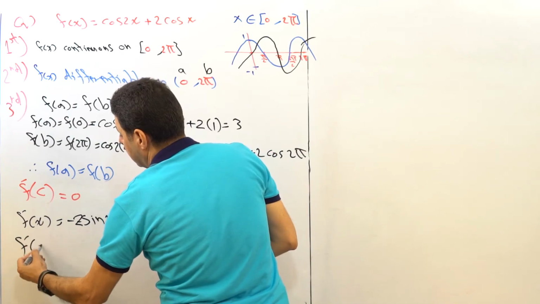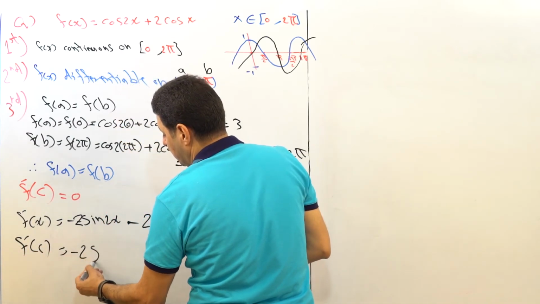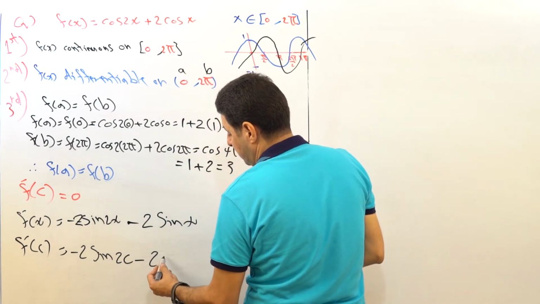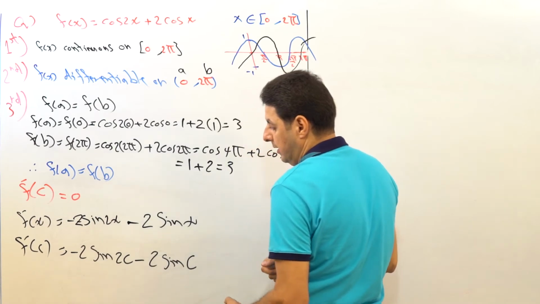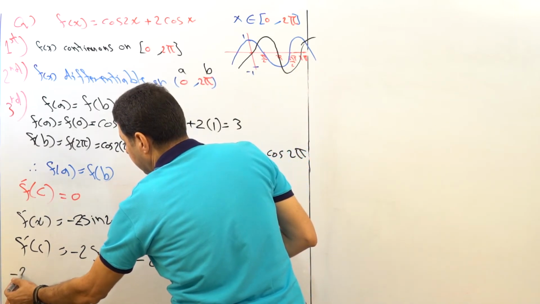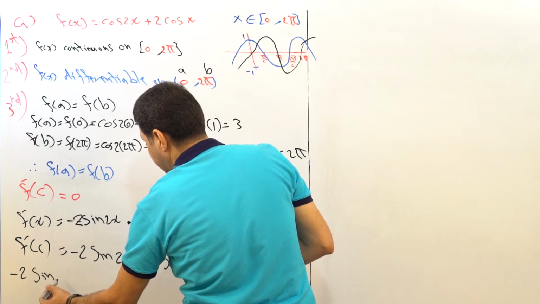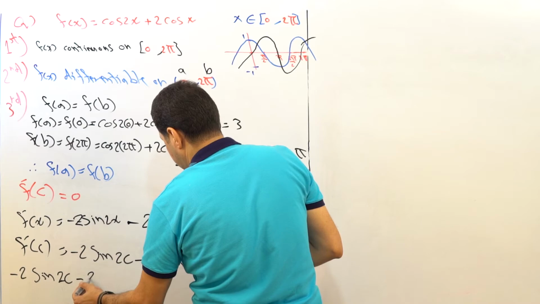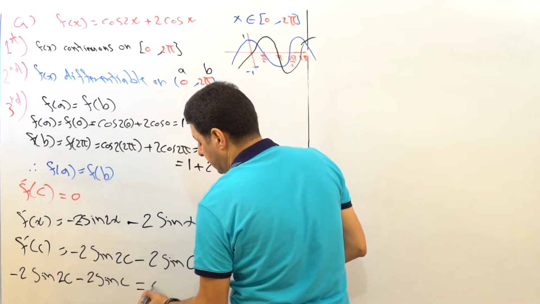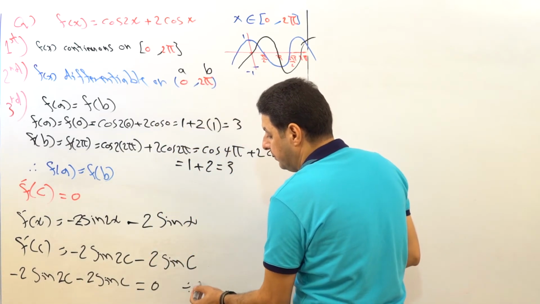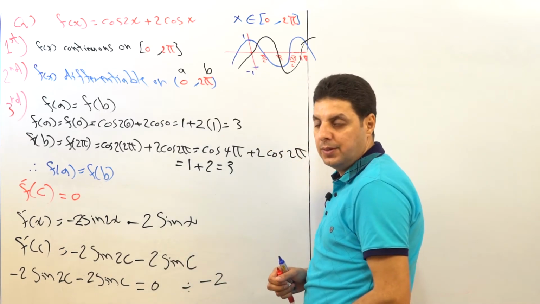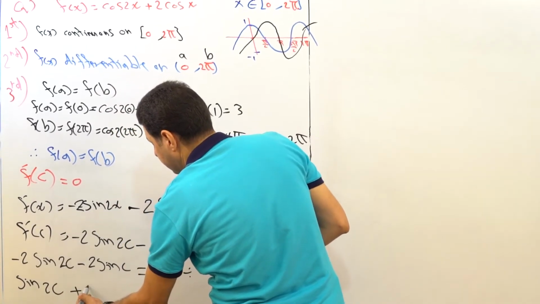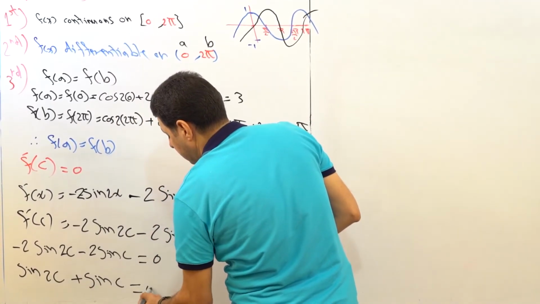Then f prime of c equals negative 2 sine 2c minus 2 sine c equals 0. Divided by negative 2, sine 2c plus sine c equals 0.